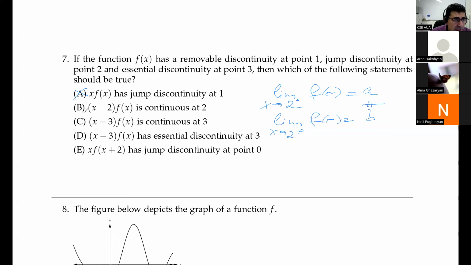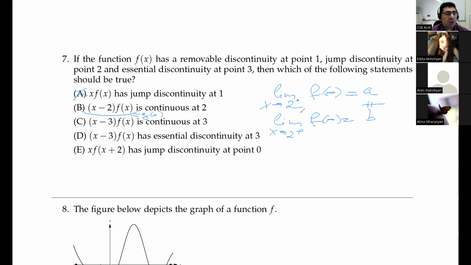Now, if x minus 2 times f of x is our g of x function, what do you think is the limit of g at 2 from the left side and from the right side? X minus 2 times f of x. 0.